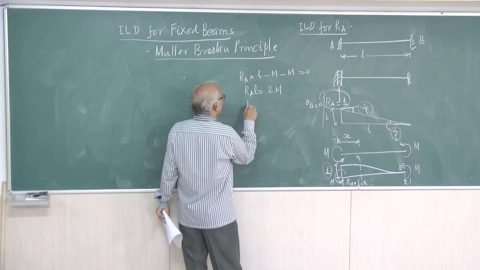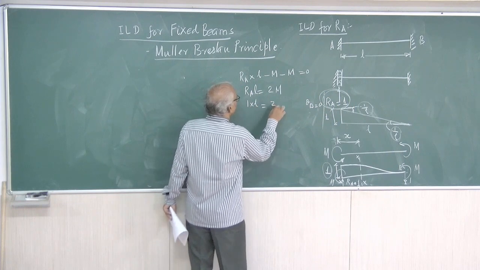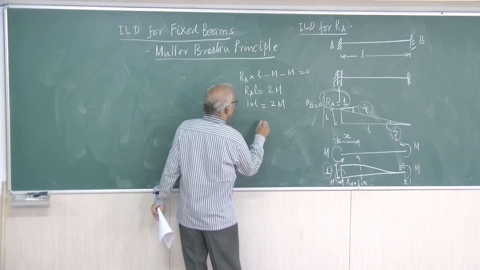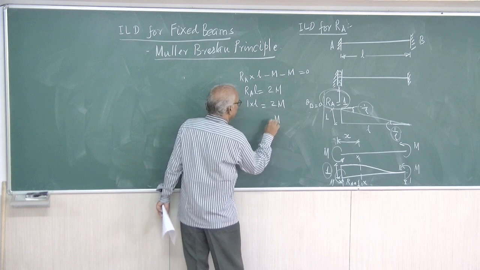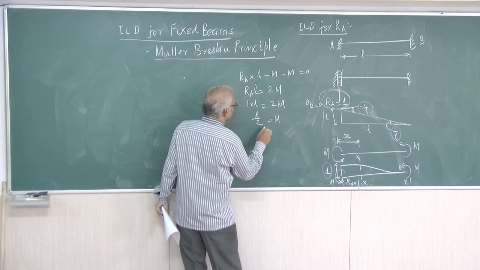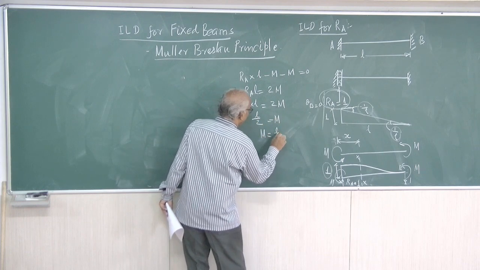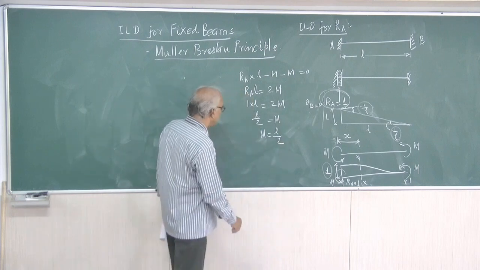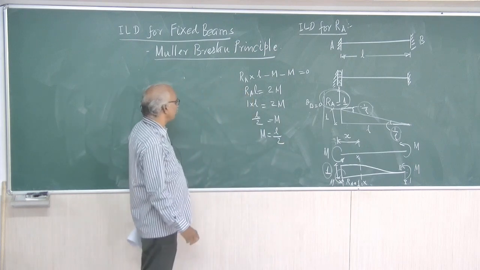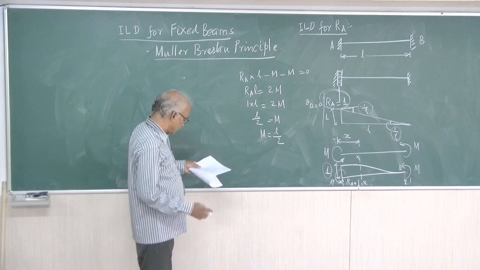RA is 1, so 1 into L equal to 2M, or M equal to L by 2.